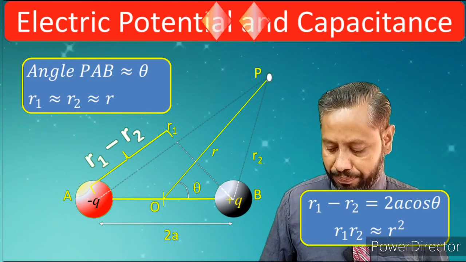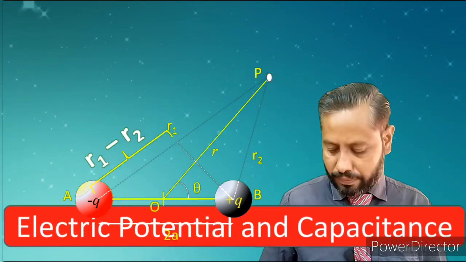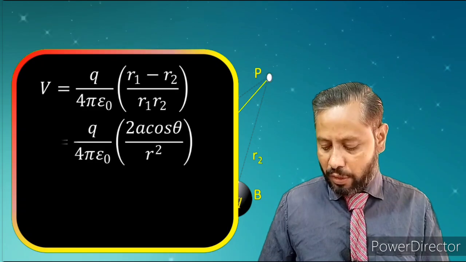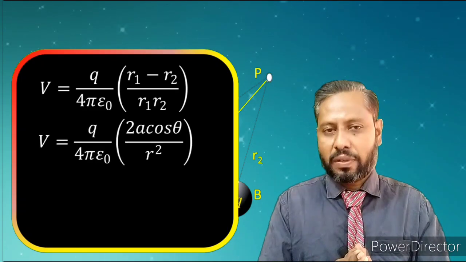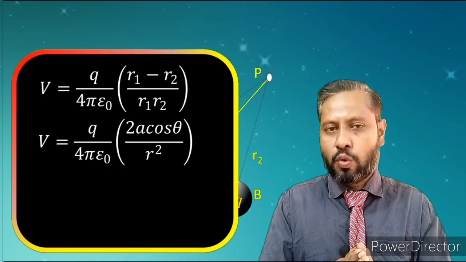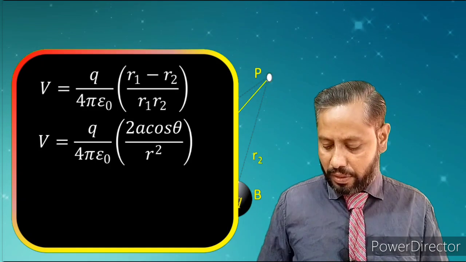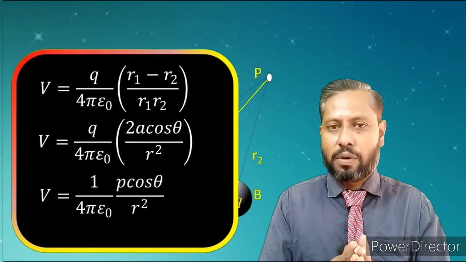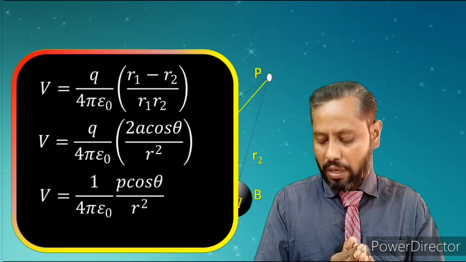Let's put these values in now. We can write V is equal to q upon 4 pi epsilon 0 times r1 minus r2, which is 2a cos theta, upon r1 into r2, which is r square. Further, V is equal to 1 upon 4 pi epsilon 0 times p cos theta upon r square.